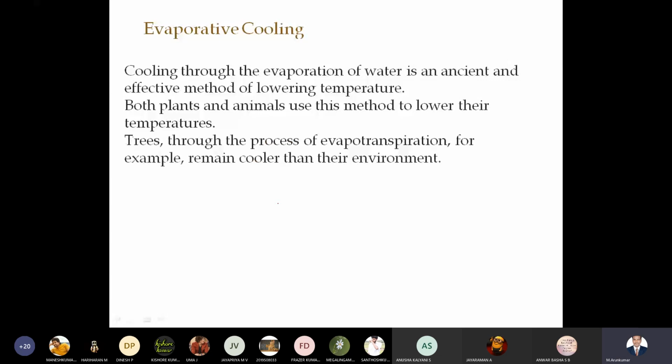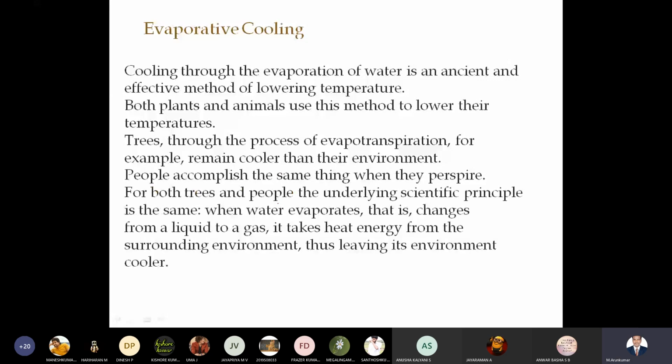The trees, through the process of evaporation, remain cooler than their environment. Then people accomplish the same thing when they perspire. For both the trees and people, the underlying scientific principle is the same.